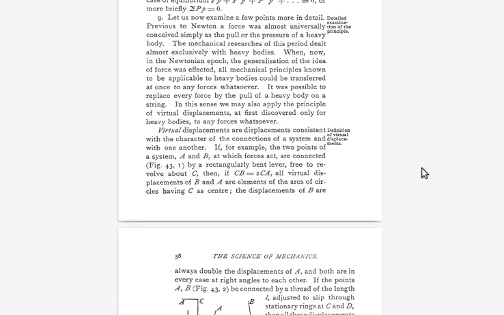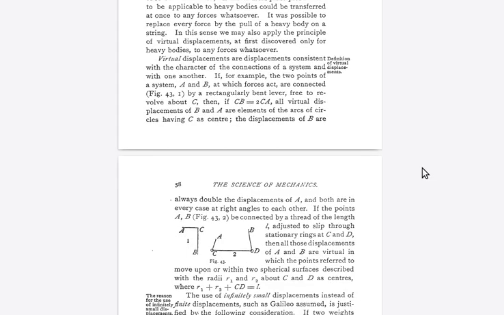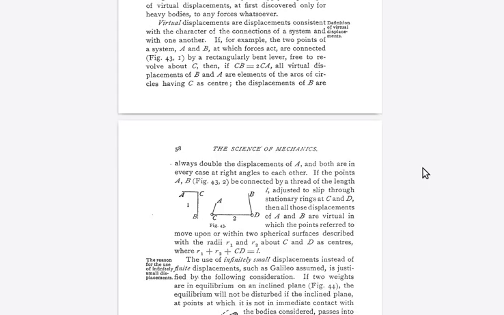any forces whatsoever. Virtual displacements are displacements consistent with the character of the connections of a system and of one another. If, for example, the two points of a system, A and B, at which forces act, are connected by a rectangularly bent lever free to revolve about C, as in figure 43, then all virtual displacements of B and A are elements of the arcs of circles having C as center.